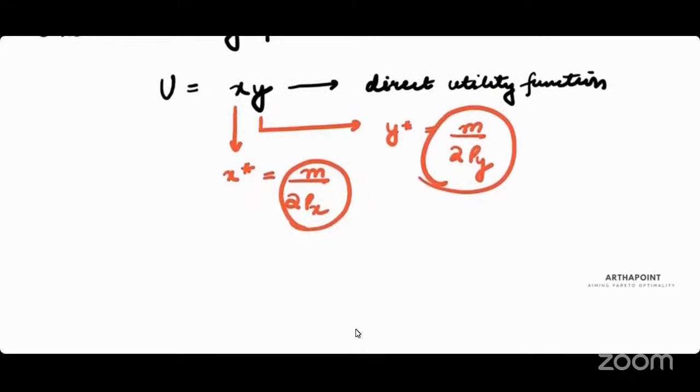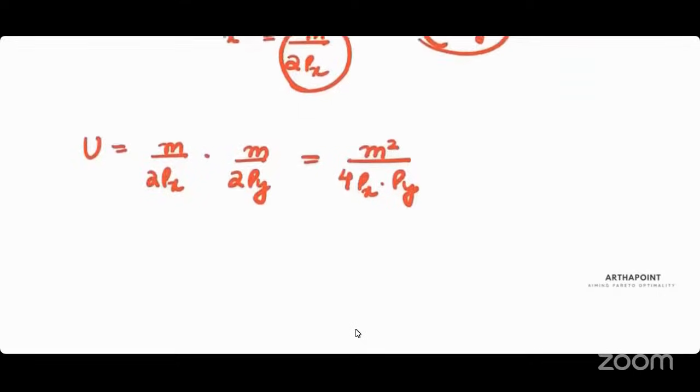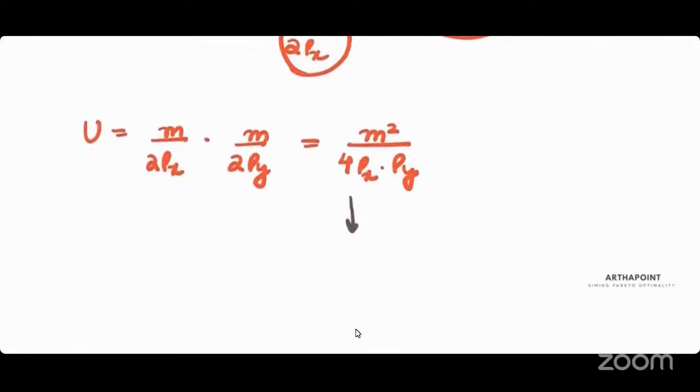So in our case, it will be u equal to m by 2 Px into m by 2 Py, which is equal to m square by 4 Px Py. This utility function that you obtain as a function of income and prices is called the indirect utility function.